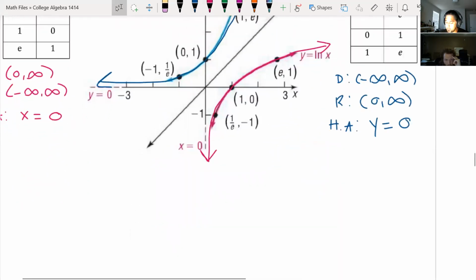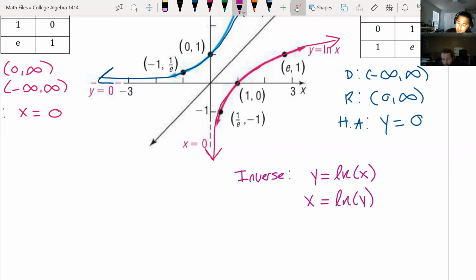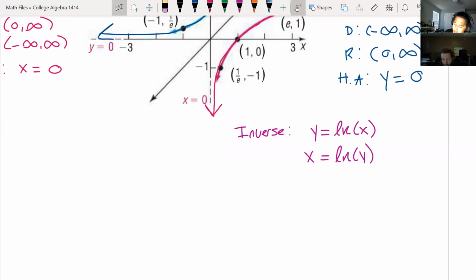And then, once again, to show you how to get the inverse algebraically, we'll start with y equals the natural log of x. We interchange, and x equals the natural log of y. And then we solve for y. So now I will write that base in just so we can see how to convert from log to exponential.